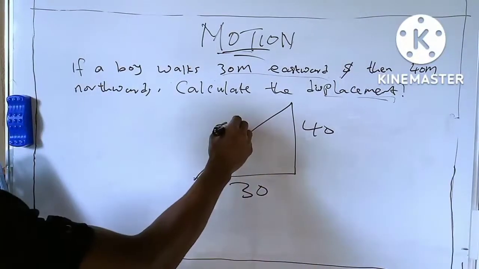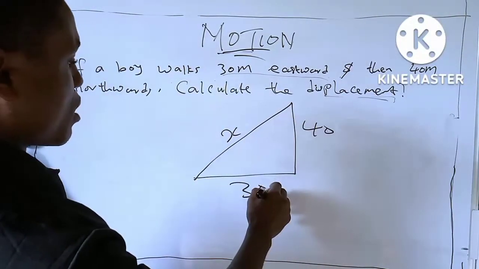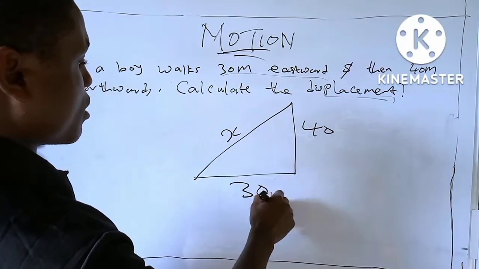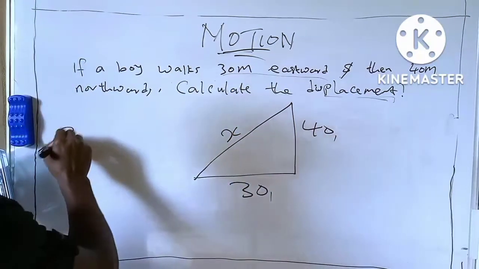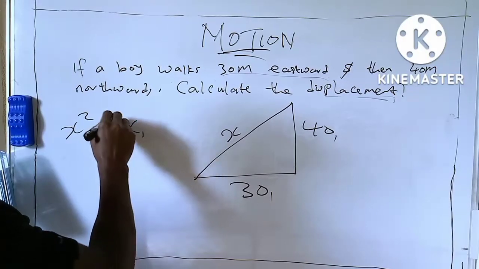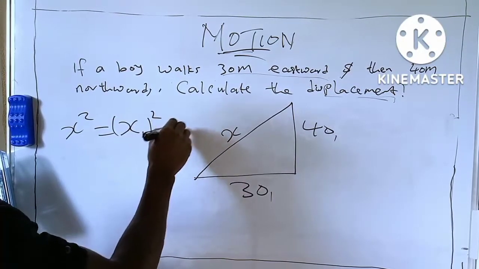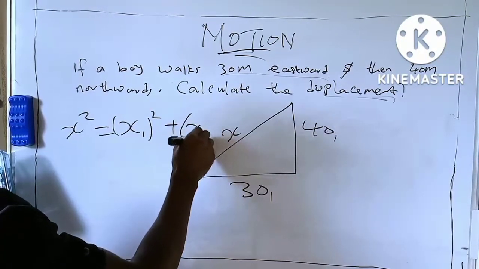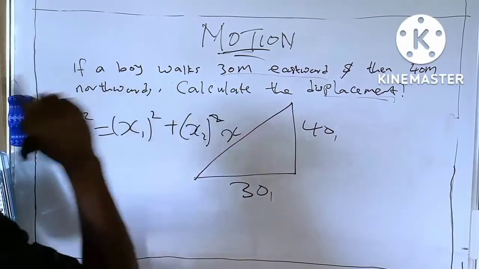Let's say this is our x1 and x2. Let's say x squared equal to x1 squared plus x2 squared.